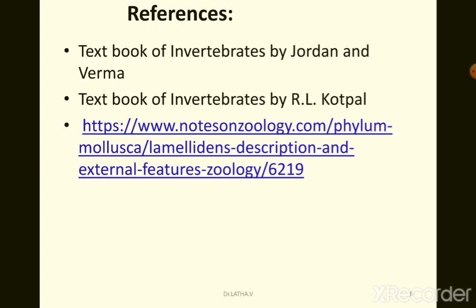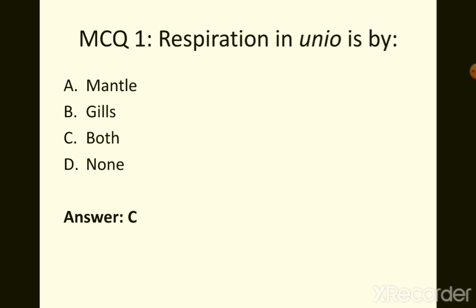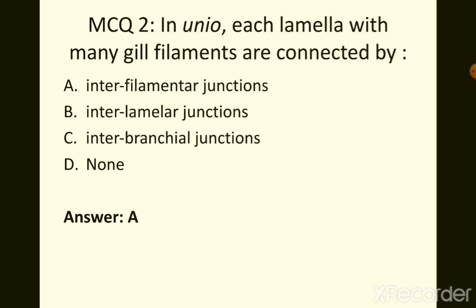So these are the books from which the content has been taken, and here are a few questions. In Unio, is respiration by mantle, gills, both, or none? Since both is an option, you have to choose option C, which is the right answer.